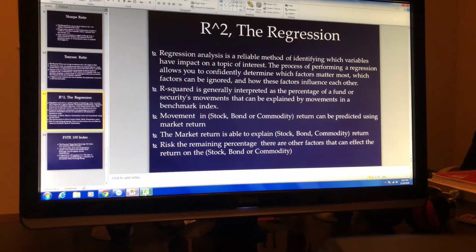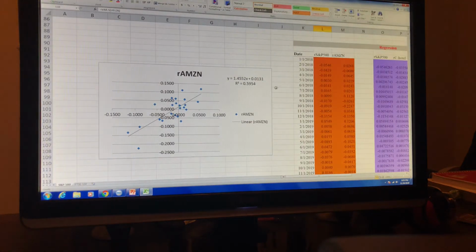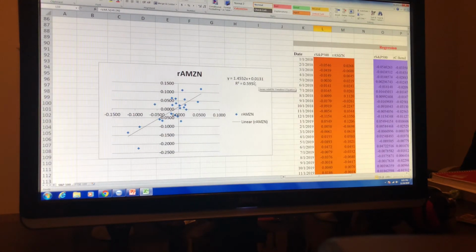So 79, I believe this one was 79% of the time, the S&P 500 could estimate the return on the Amazon stock. I'm going to repeat that one more time. 79% of the time, the S&P return could estimate the return on the Amazon stock, if that makes sense.